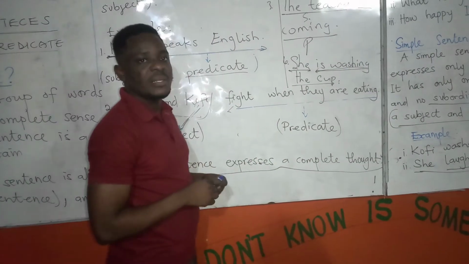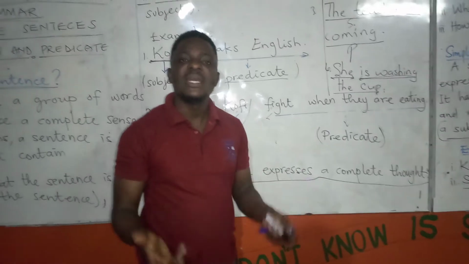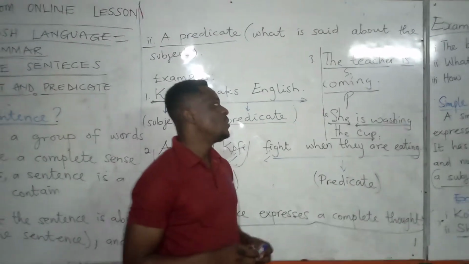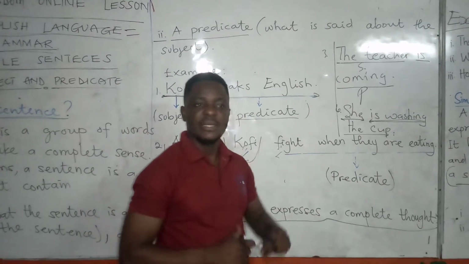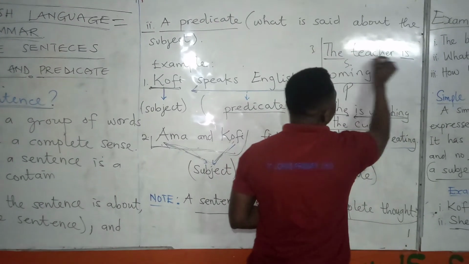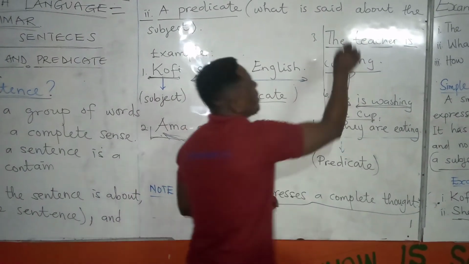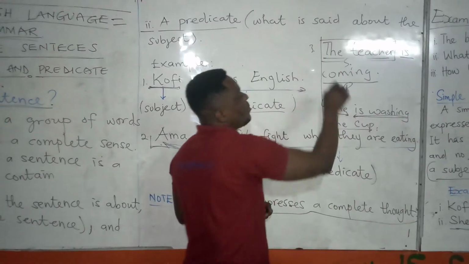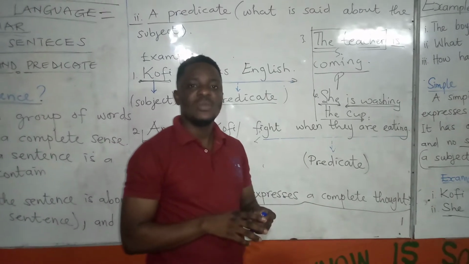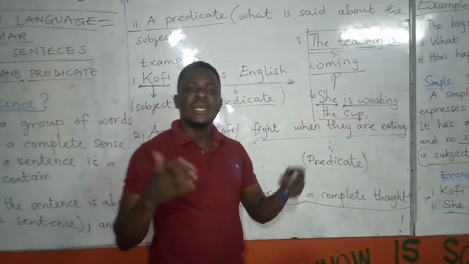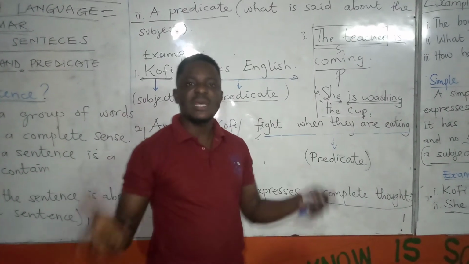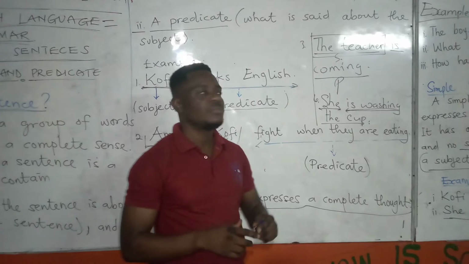Who is coming? The teacher. So now who is performing the action? The teacher. So the teacher becomes the subject of this sentence. Now take the subject out. The remaining part of the sentence is the predicate. Why do I say it's the predicate? Because it is talking about the teacher, the subject.